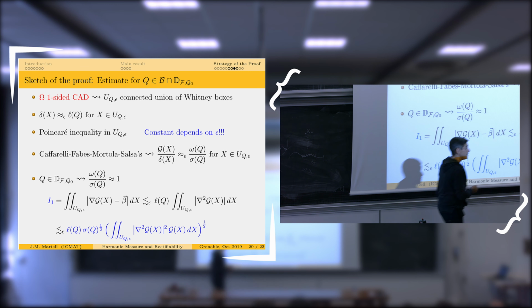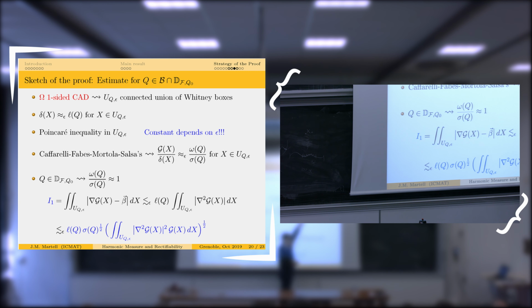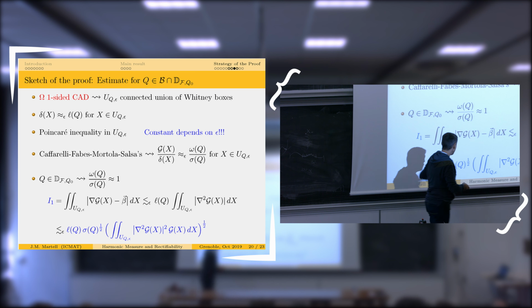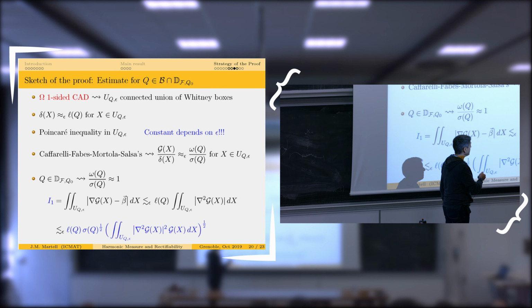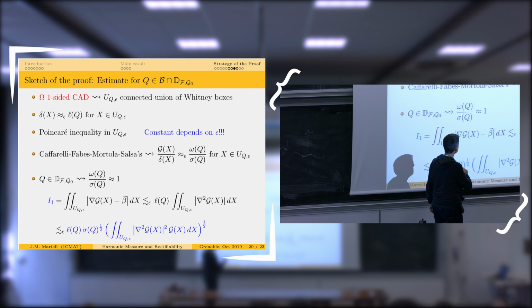But remember, I'm in one of these cubes in the stopping time family, so this is like 1. So this is saying that g is like distance to the boundary, which is like the length of q. So for free, I can insert here a Green function. Okay. So I repeat here, g over the distance to the boundary is comparable to this. But remember that my q was in this family here. So I know that this is like 1.